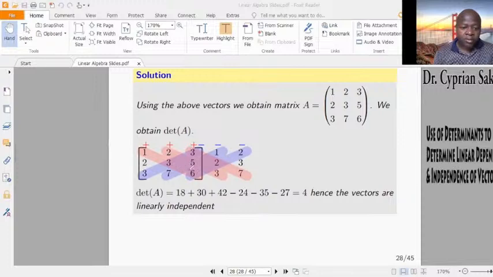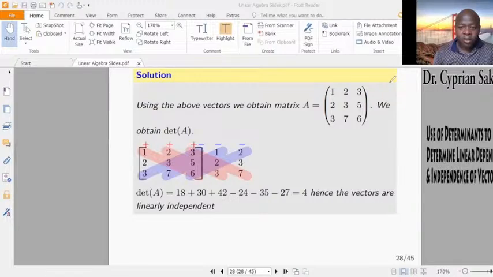Then this will be 35, which I also subtract, and this will be 27, which I also subtract. So the determinant of this matrix is 4. It's non-zero, and therefore the vectors given to us are linearly independent, because we say that if the determinant is non-zero, then the vectors will be linearly independent.